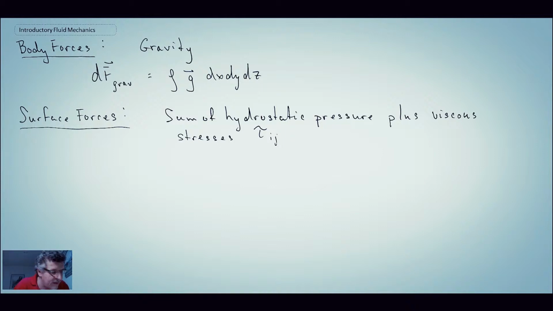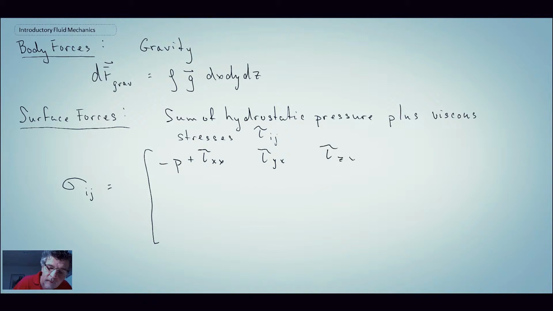What we're going to begin with is a stress tensor for the fluid itself, and we're going to write this out as a matrix, and you'll notice on the diagonal we will have the pressure, so those are the first elements.